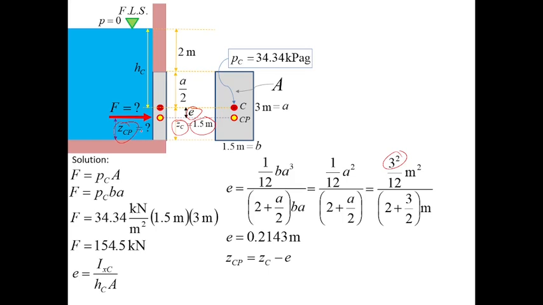So we'll solve for that vertical distance. 1.5 meter minus the eccentricity will give us 1.286 meter.